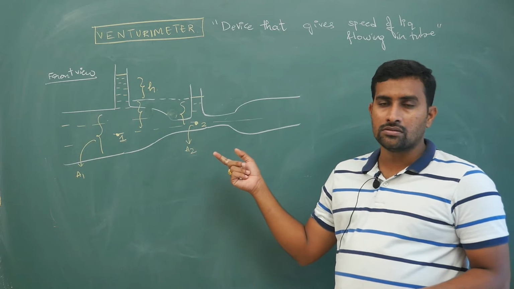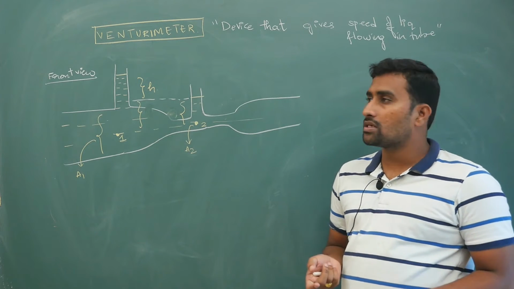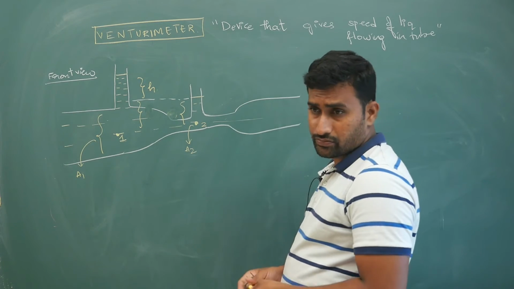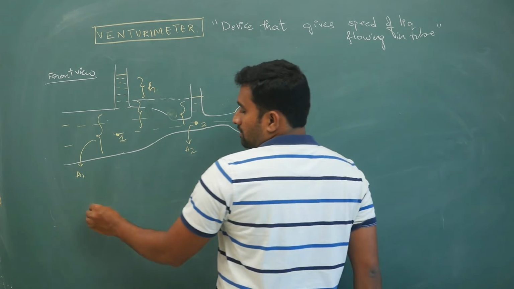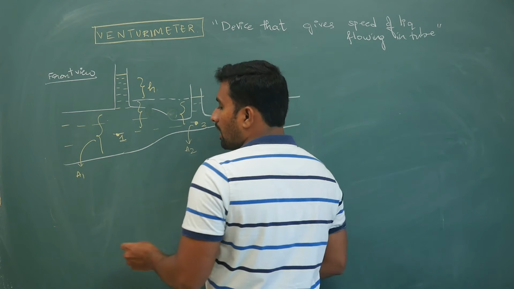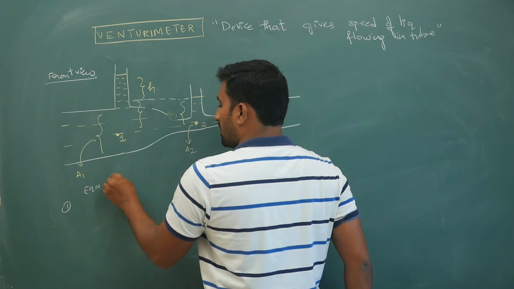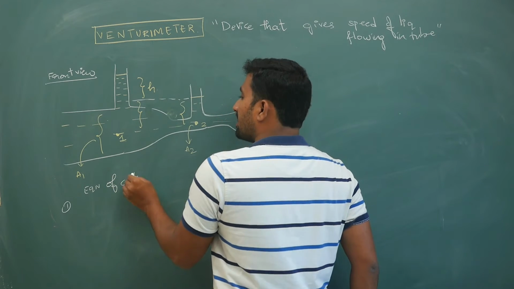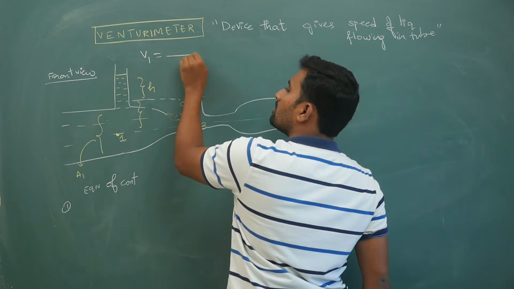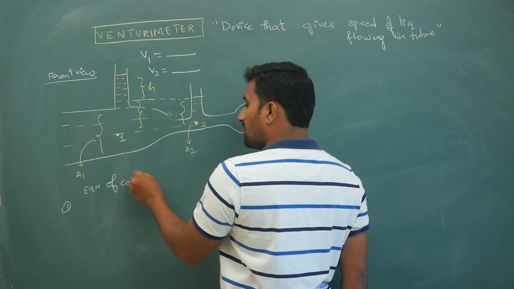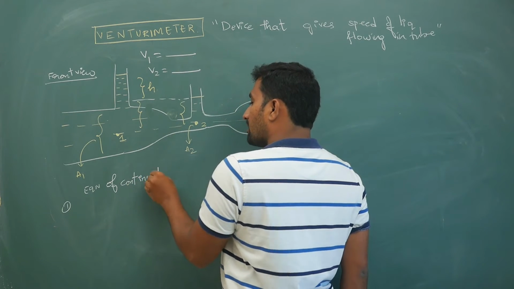Now between points 1 and 2, if you are trying to calculate the velocity of fluid, the first equation is the equation of continuity. Our target is V1 equal to something, V2 equal to something. If you know one from the equation of continuity, you will get the other value.